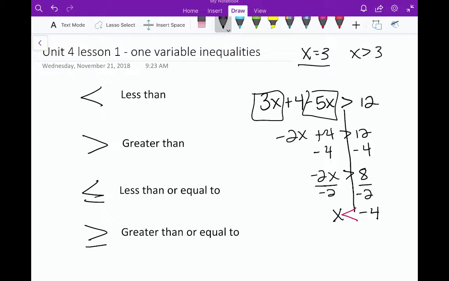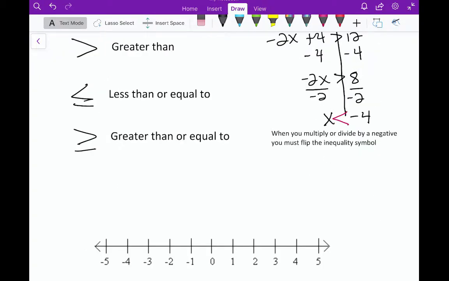So when you multiply or divide by a negative, you must flip the inequality symbol. Again, otherwise, this is just like solving a regular equation. Now, our final answer is x is less than negative 4. So again, that means there's an infinite number of solutions here. X could be negative 4.1, it could be negative 8, it could be negative 100.